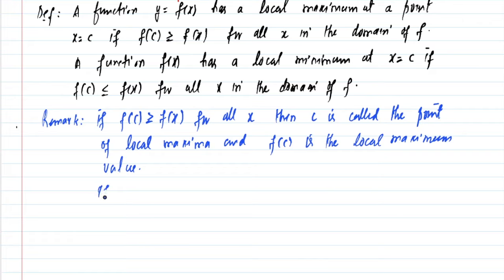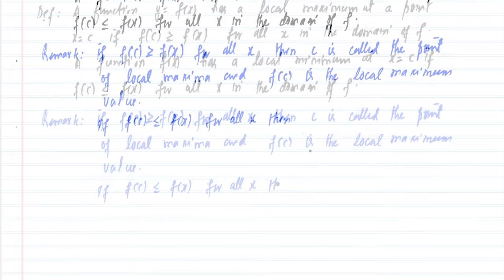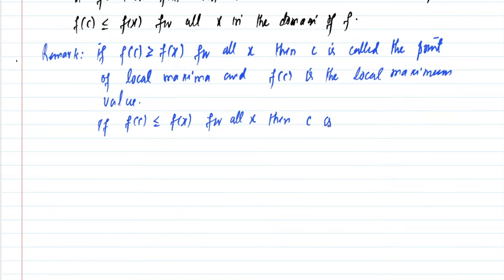And similarly, if f of c is less than or equal to f of x for all x, then c is called the point of local minima, and f of c is the local minimum value.